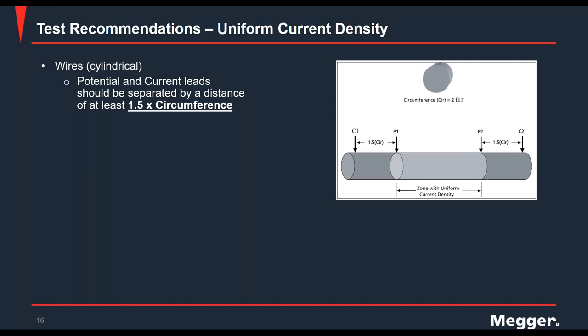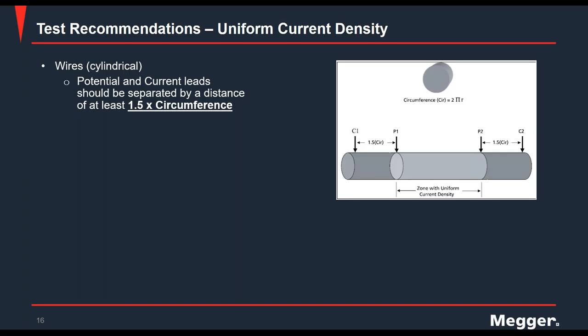You can see on the right side of the screen, if say this is a piece of wire, the C1 and P1 lead, and similarly the C2 and P2 lead, are separated. Each of them are separated by 1.5 times the circumference. And by using this methodology, you can ensure that the current density across your test specimen is uniform so that you get accurate measurements.